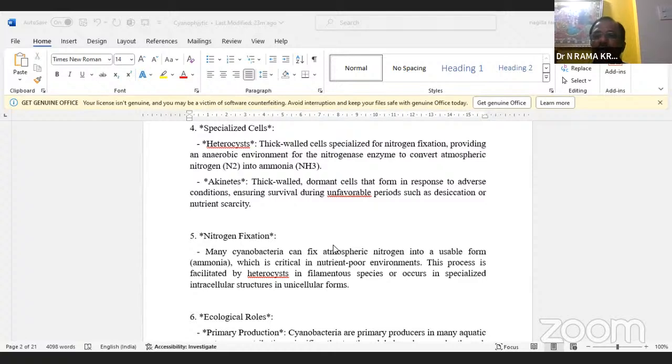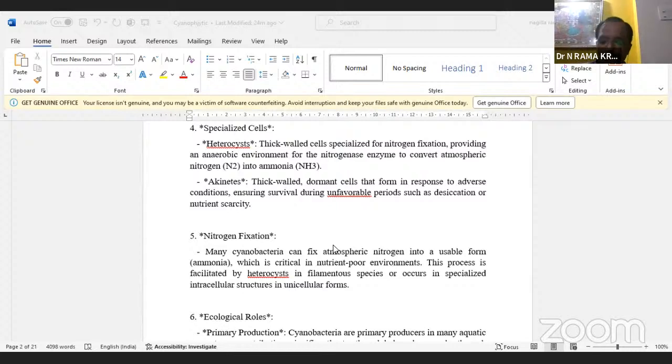Yes, this cyanophytic algae is associated with the cycas roots. We call this coralloid roots. What is the meaning of coralloid roots? These roots come above the soil in the gymnosperm cycas. So this algae associates with those roots. This association with that type of root we are looking at in cyanophytic algae.